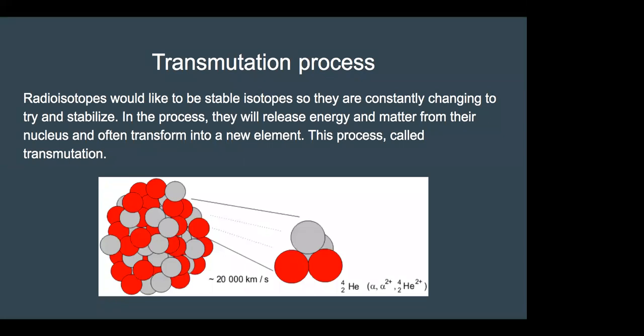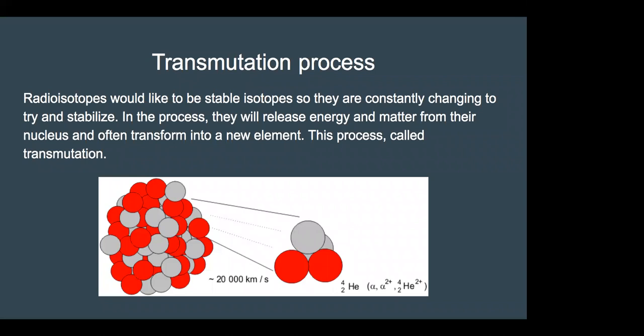And then the transmutation process. A radioisotope has unstable nuclei that do not have enough binding energy to hold the nucleus together. So radioisotopes would like to be stable isotopes, so they are constantly changing to try to stabilize. In the process, they release energy and matter from their nucleus and often transform into a new element.